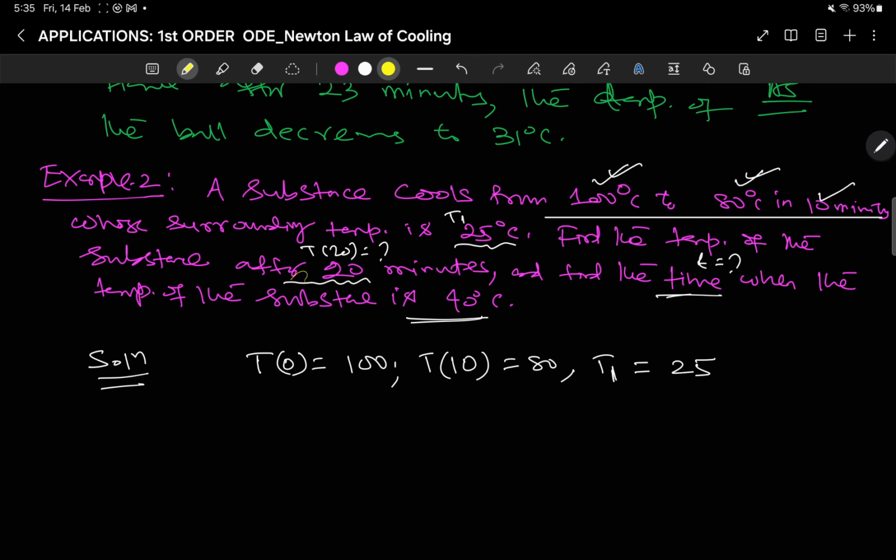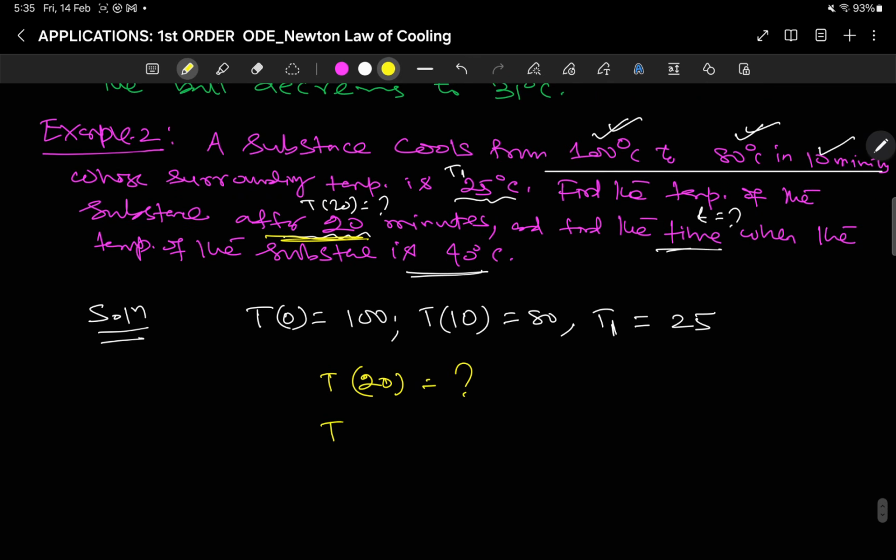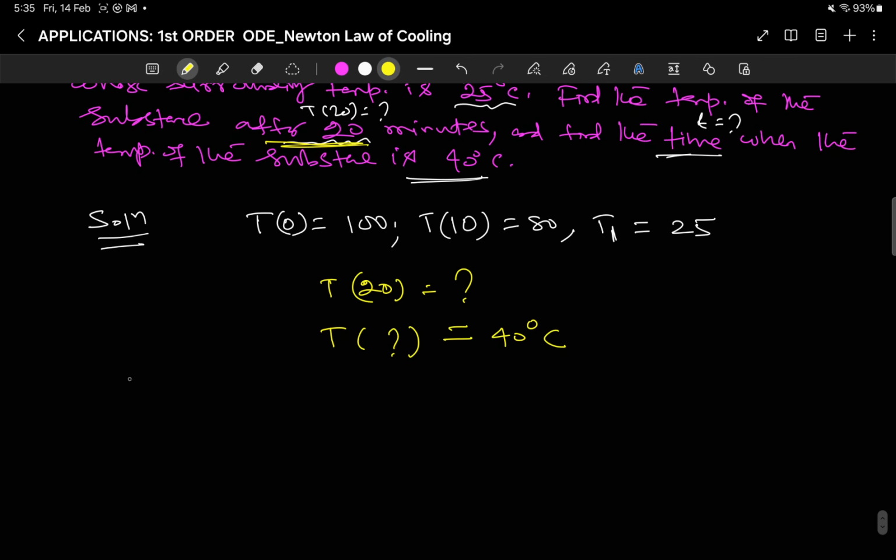You are asked to find the temperature after 20 minutes. Next, at what time the temperature of the substance is 40 degrees centigrade. Okay, so it is like the previous problem. Coming to the solution, let T1 be the temperature of the surroundings.